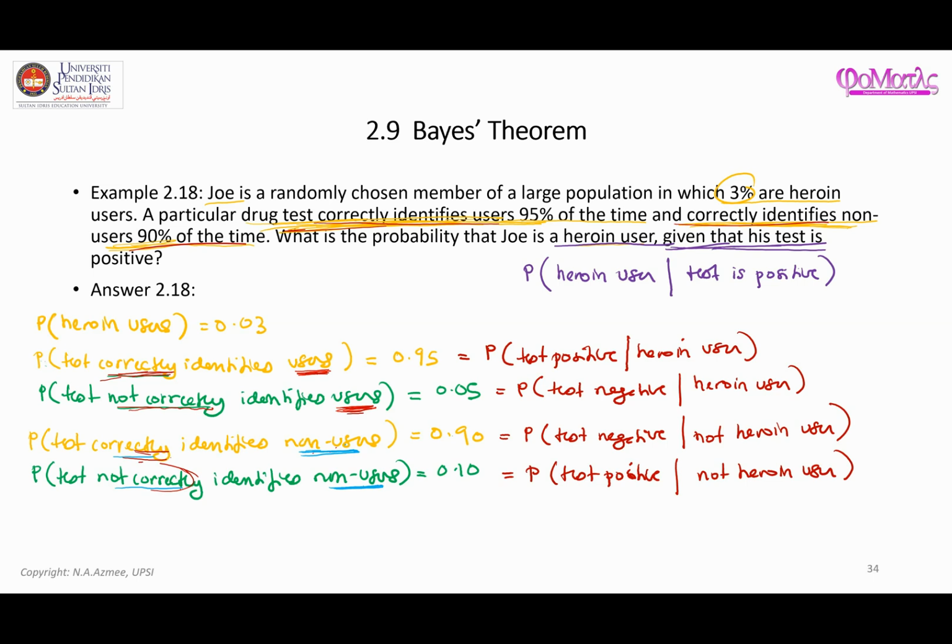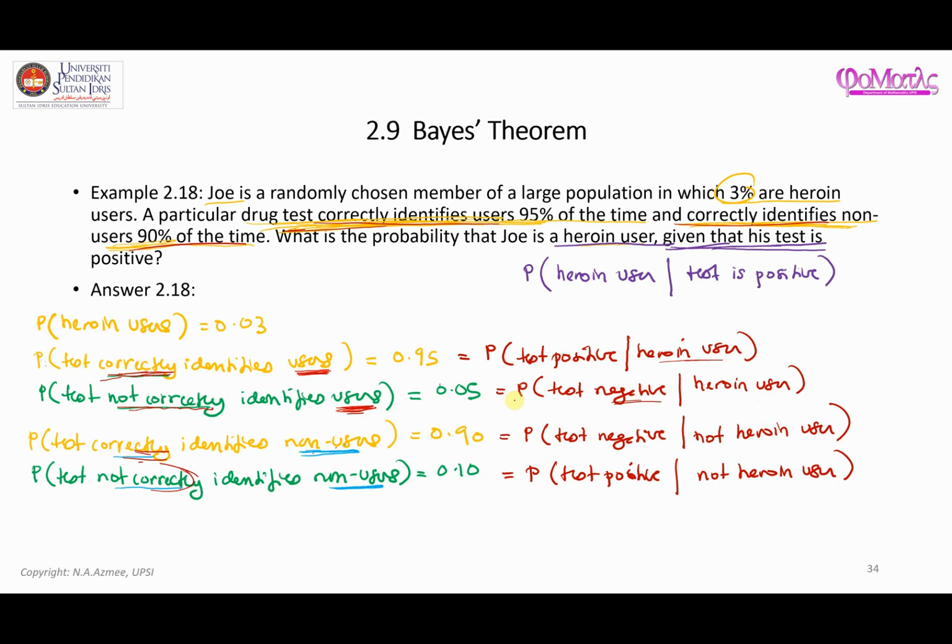That is the scenario you can think of when you consider drug testing. The person could be using the drug, but the test somehow is flawed and says that the person is not a heroin user when he actually is. But a good test will have a small probability for that case.